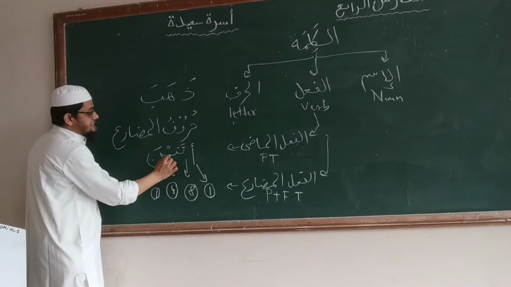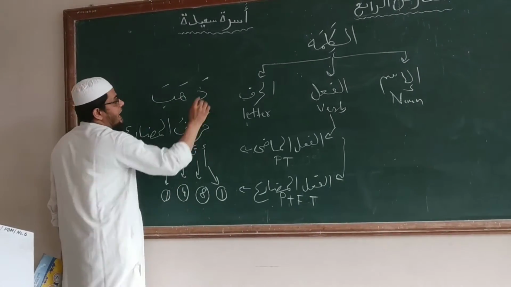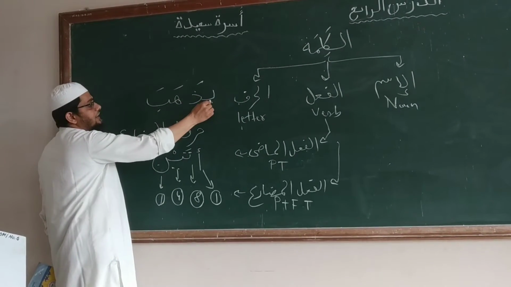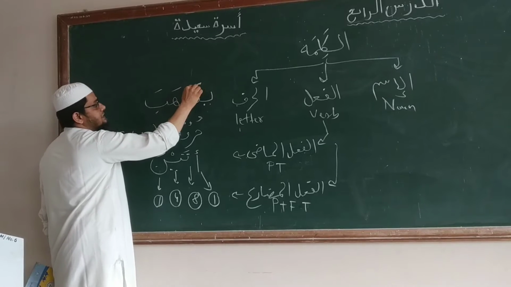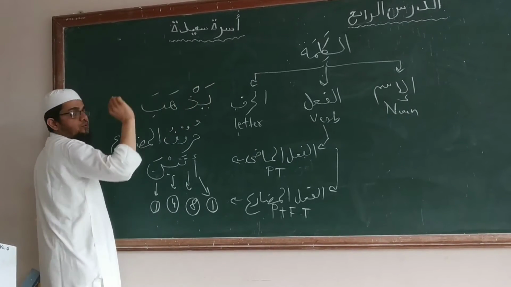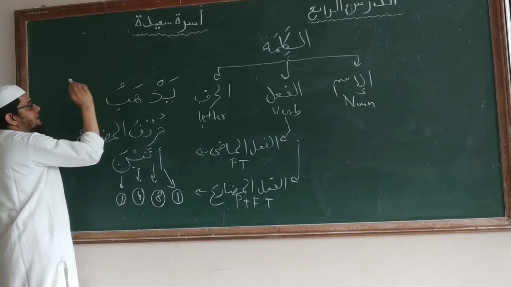Now we are taking one example with ya. Zahaba is here, so you put ya in the beginning. Now how will you read this? You will cut this zabar and make jazm, and you will give that zabar to ya. At the end you will make pesh.